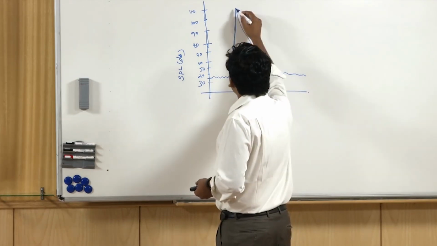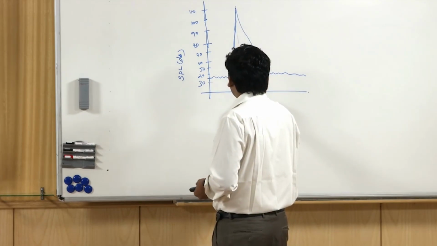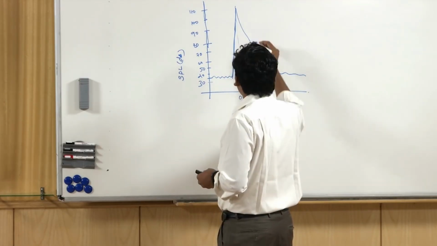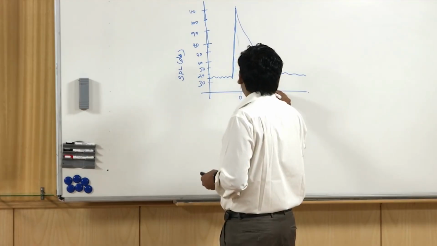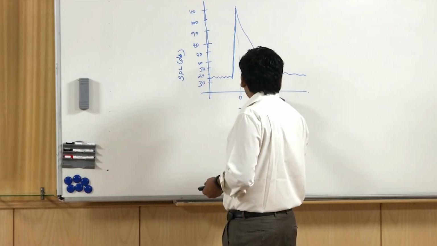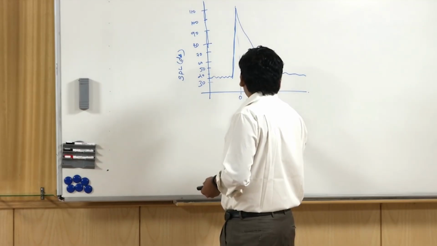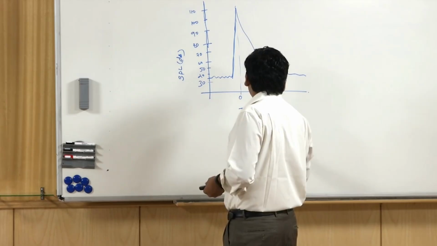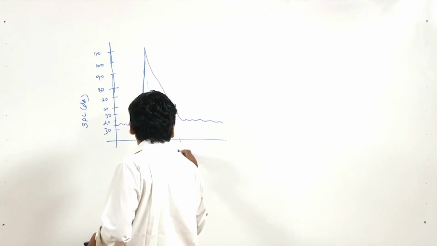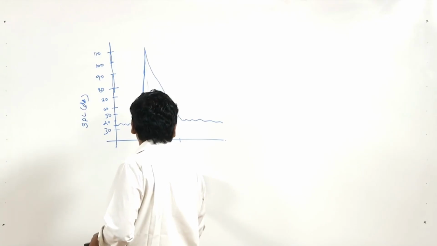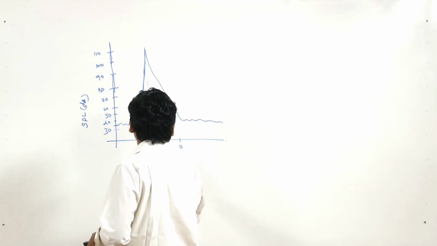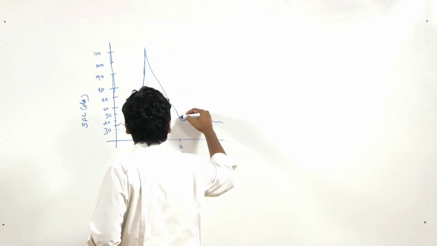If you mark this peak point as 0 milliseconds, that is 0 seconds, this is the start, and this takes a few milliseconds. Let us talk about seconds first, we will come back to milliseconds later. Say imagine it is taking about 1 second to come back to this point.